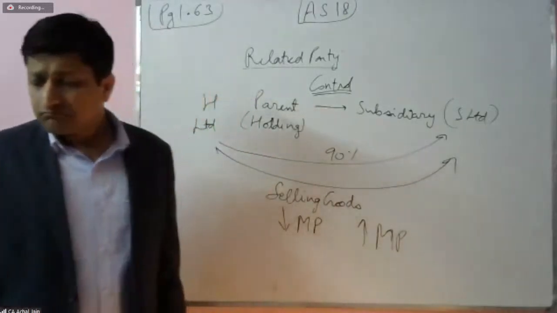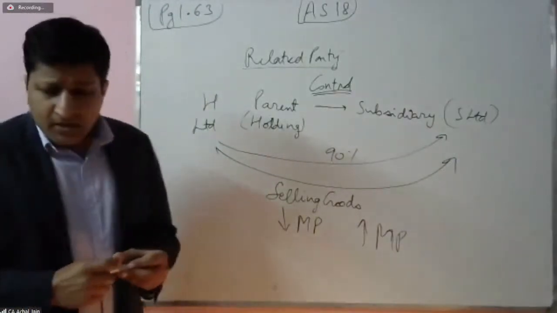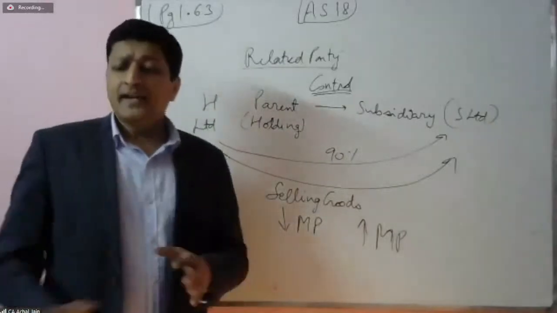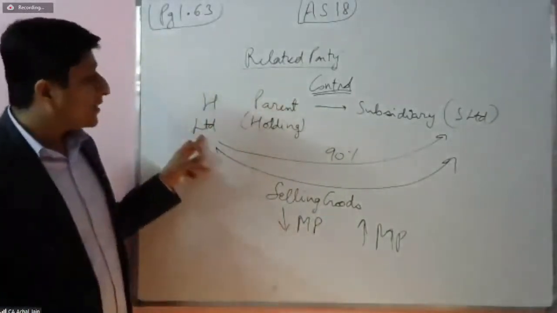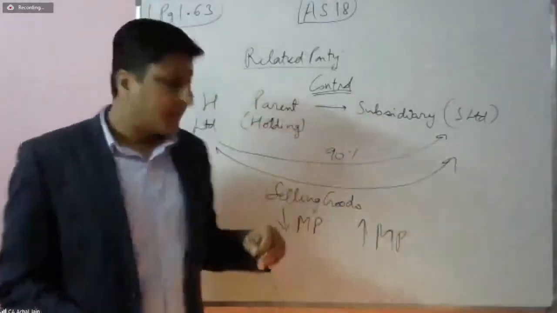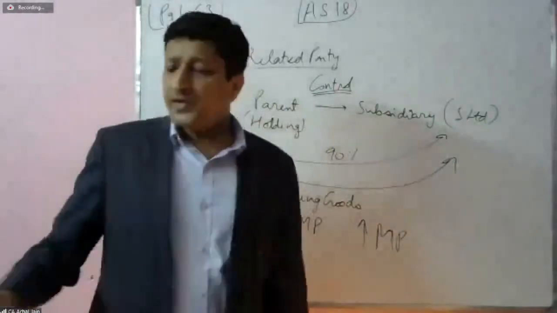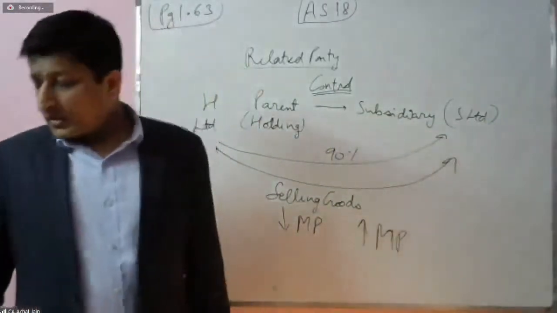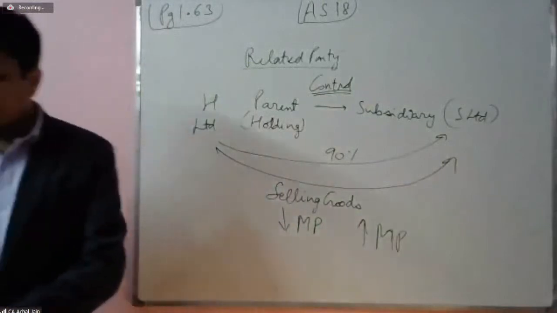Now, let's suppose such transactions are taking place, wherein one company is selling to another company at below market price or above market price. Can you tell me what could be the impact because of this?